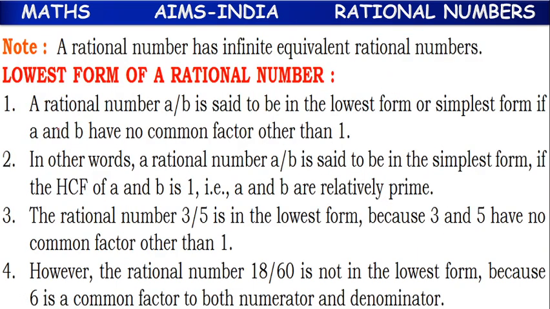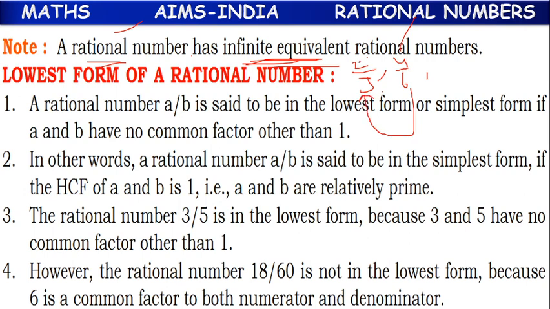Next. A rational number has infinite equivalent rational numbers. Suppose I have 2 by 3. If both numerator and denominator are multiplied by 2, 2 times 2 is 4, 3 times 2 is 6, I get 4 by 6, which is equivalent to 2 by 3.